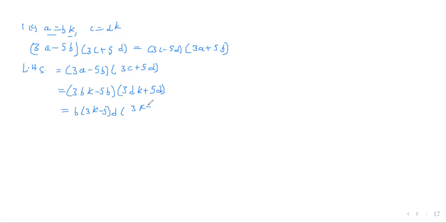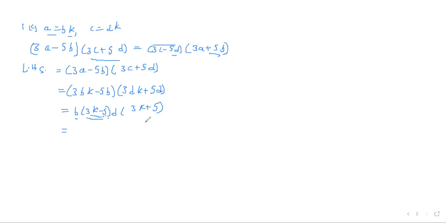Now B is common from the first bracket, so 3K minus 5, and D is common from the second bracket, so 3K plus 5, equals to, now we observe the right hand side, in which in place of 3C plus 5D we have to bring 3C minus 5D, and we have 3K minus 5, and we have to bring minus 5D. So if we multiply D with the first bracket, it is giving minus 5D, and we have to bring plus 5B.